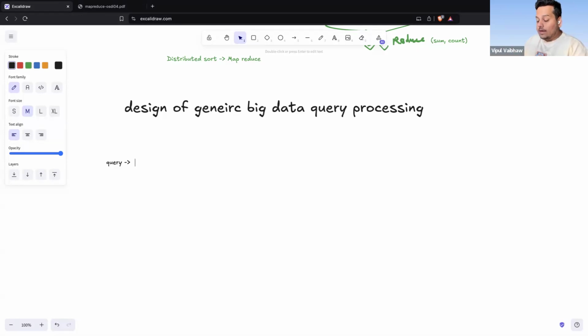Let's say you have an AST now. The parsing is done, so we have a parser, and then we come to a point where we have a logical plan, a resolved logical plan.